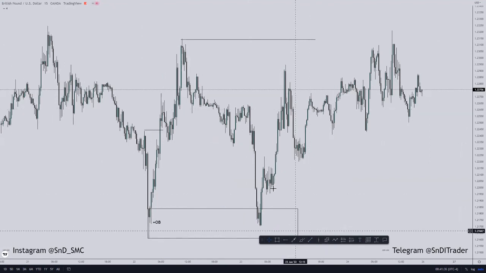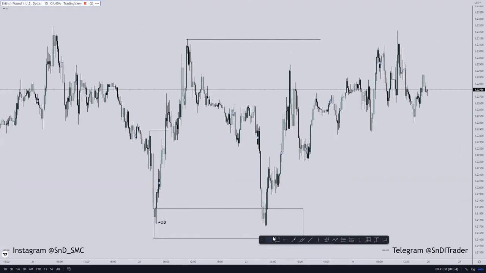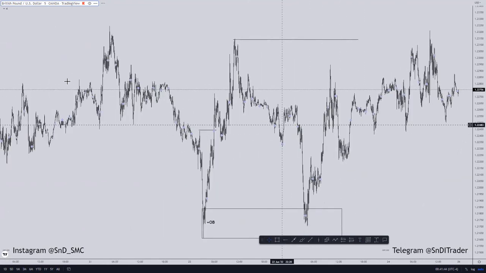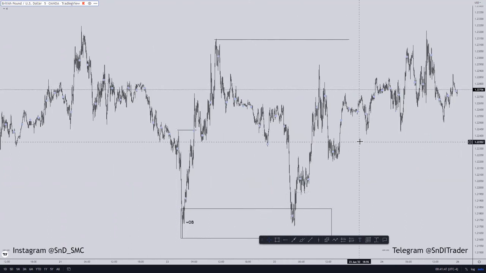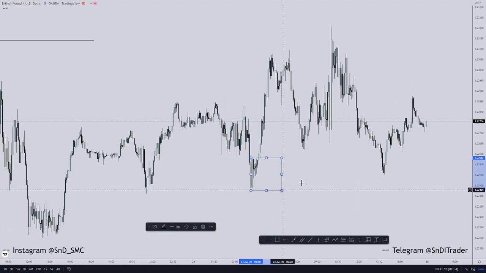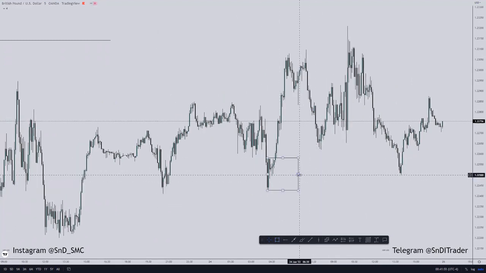And what's next? Somewhere around here, we had this candle as a bullish order block as well. And what happened again?